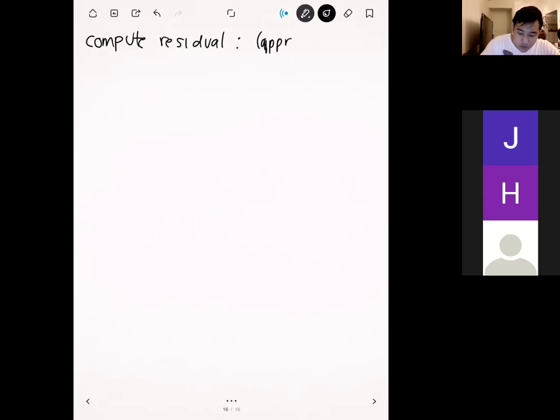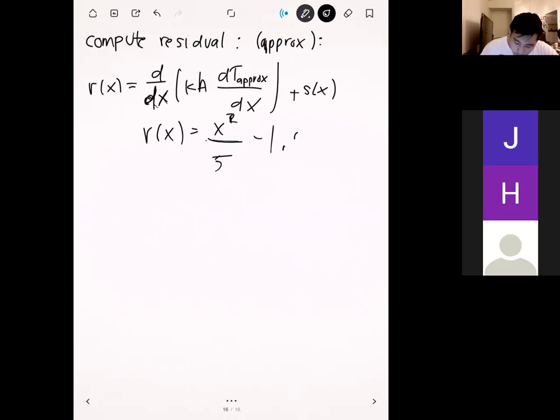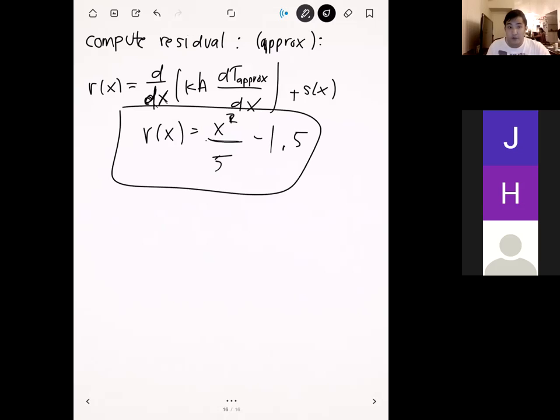Our residual in this case is r of x equals d/dx of k a dT approx/dx, plus s of x. Then we plug in our T approx here, and what we get as our residual is x squared over 5 minus 1.5. If we plot this function, that's going to give us our error.